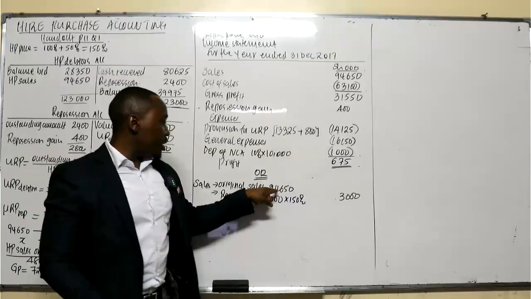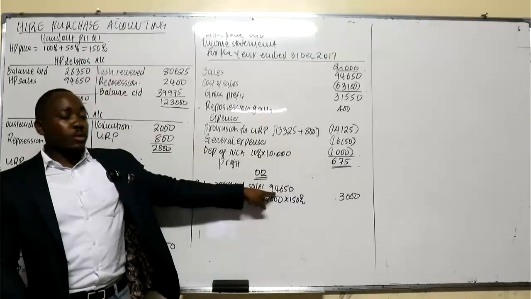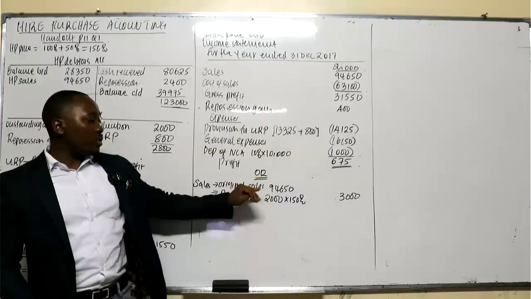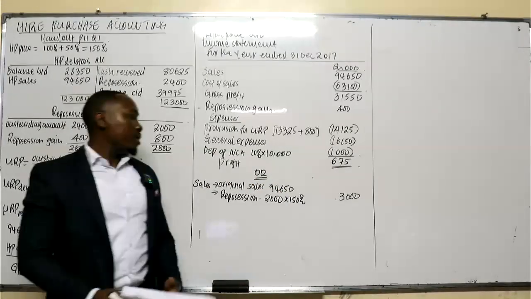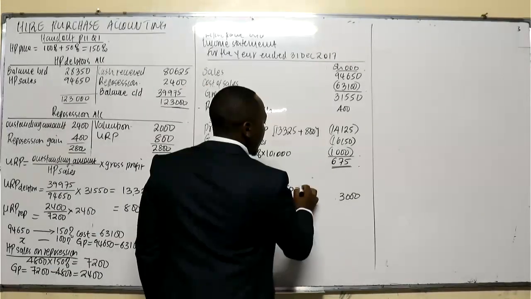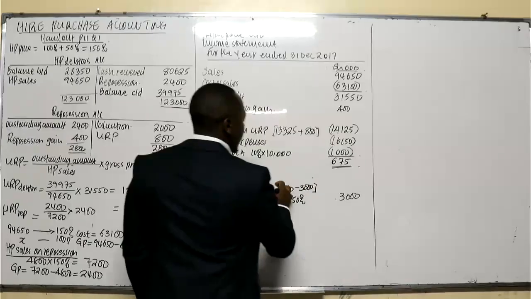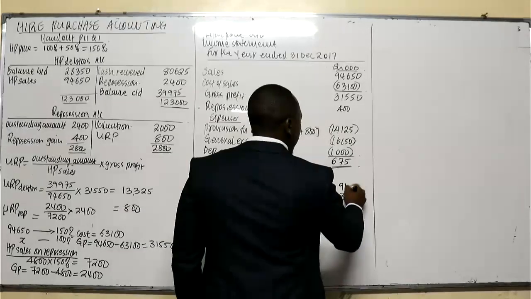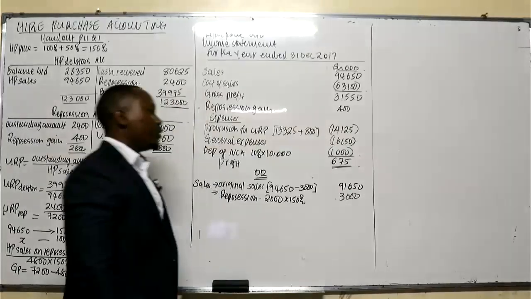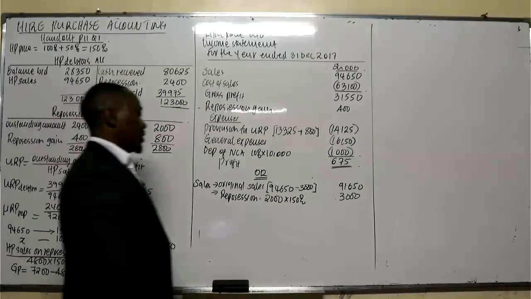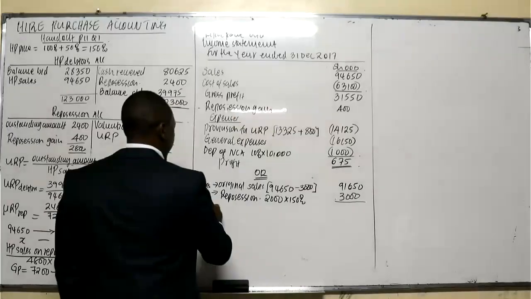They were included here. So if you want to determine the original sales, you take 94,650, and the sales on repossession was 3 million. So that means how much of the original sales? 91,650.